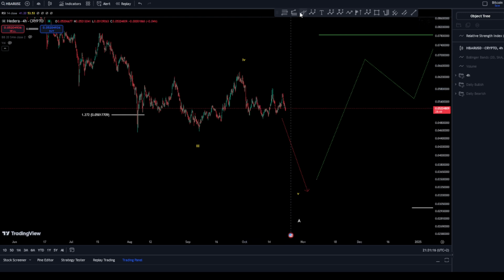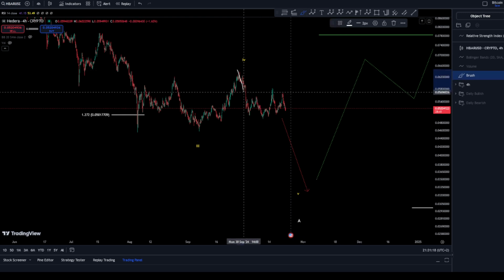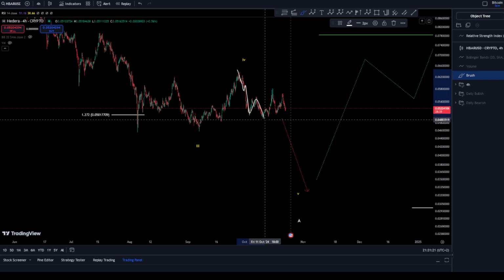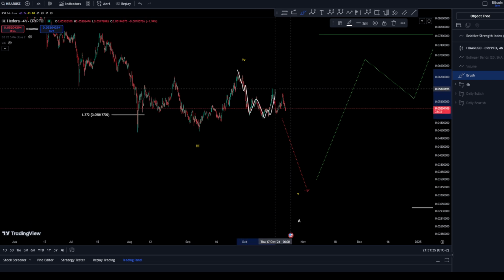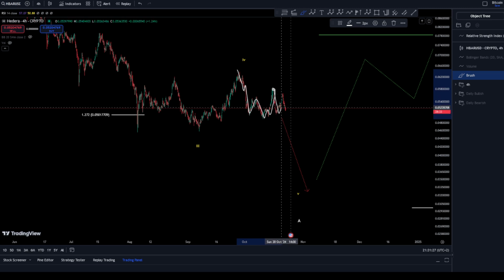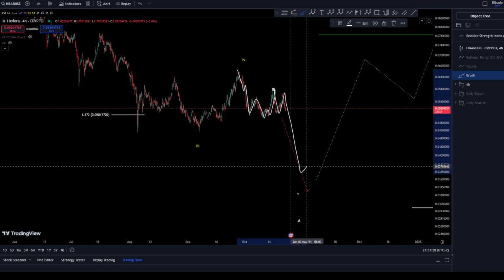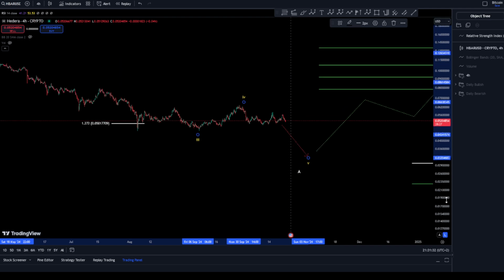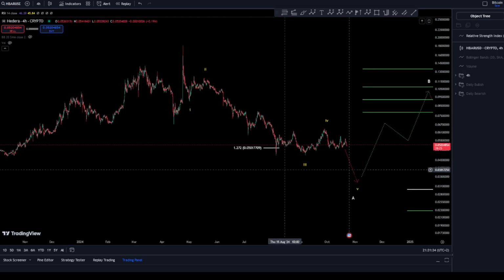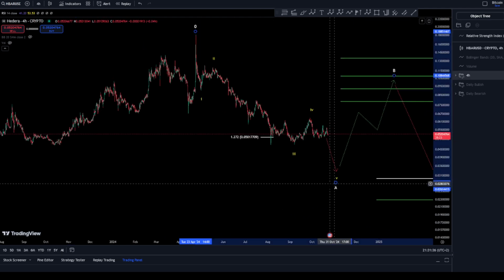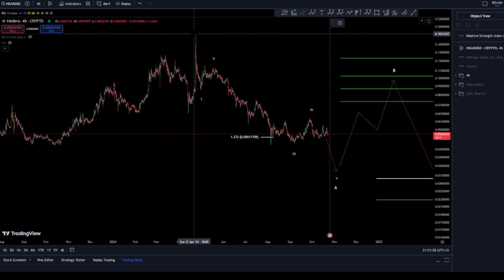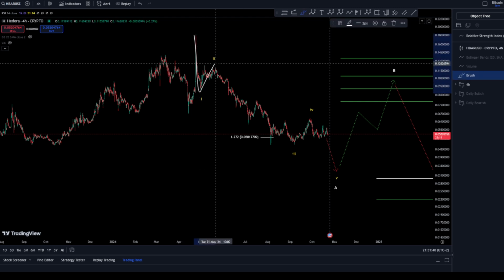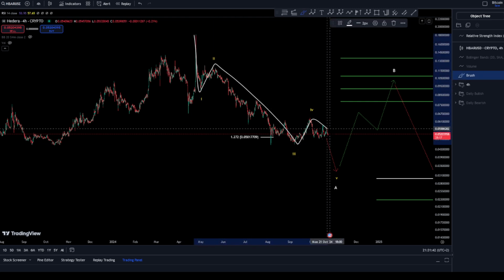or your unfinished wave 4, but yes, it can be, because you are looking here at an impulse as 1, and then it might be your ABC towards the downside, and then 1, 2 again, and then moving impulsively towards a wave 5. And in that case scenario, you are finishing a wave A. So that means you are looking here at 1, 2, and then 3, 4, and a 5.